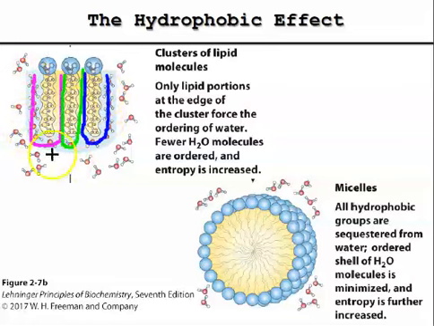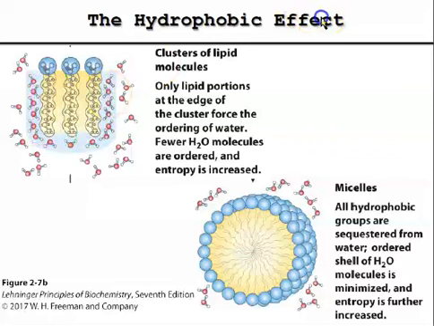So we would have very great increase in hydrophobic surface area, which would cause the ordering of more water molecules, which would cause an even larger reduction in entropy. So it would be even more thermodynamically unfavorable. So by packing together the hydrophobic portions of these molecules, we reduce the surface area exposed to water. I should say we reduce the hydrophobic surface area exposed to water, and because we have a smaller hydrophobic surface area exposed to the water molecules, we have less water molecules that need to be ordered.